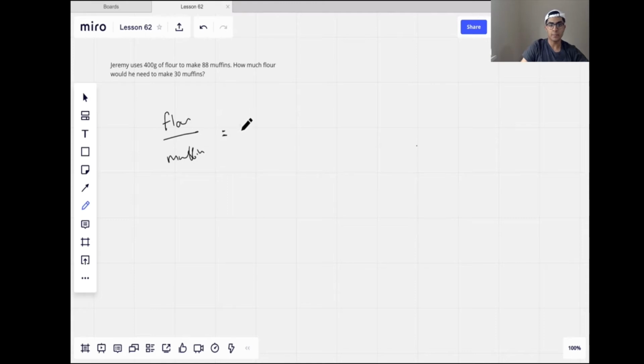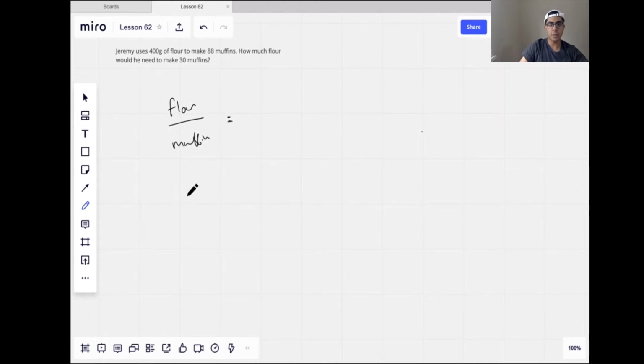It takes 400 grams of flour to make 88 muffins, and this ratio should equal the same for the flour needed, let's say F, to make 30 muffins. So let F be the flour needed for 30 muffins.